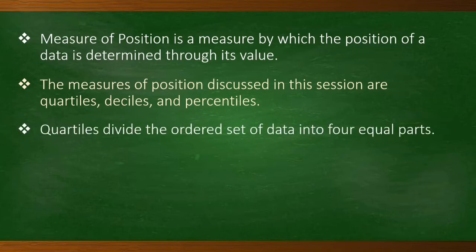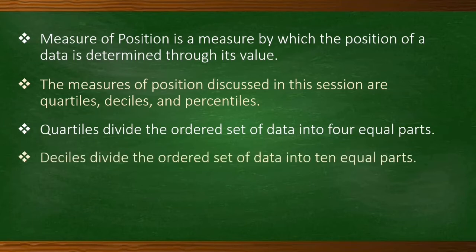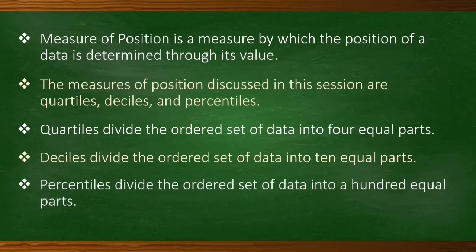Quartiles divide the ordered set of data into 4 equal parts. Deciles divide the ordered set of data into 10 equal parts. And percentiles divide the ordered set of data into 100 equal parts.